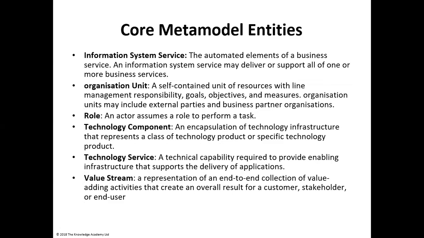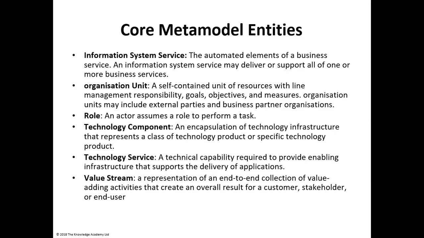For example, if I decide on a project, I may choose a project manager. The project manager is a role. Once I decide on that, I cannot change it. These are core meta model entities until I finish the project.